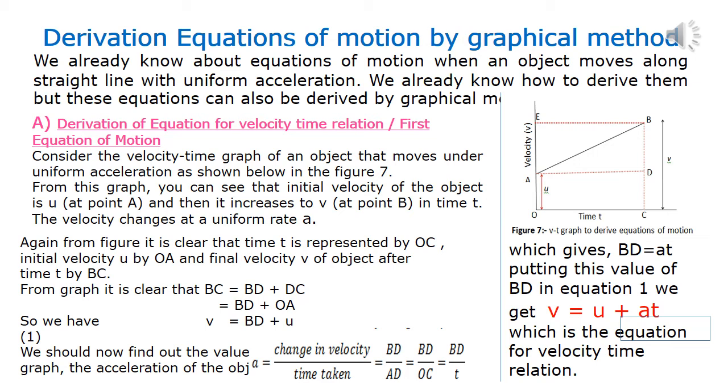So a is equal to BD by t, where t is the time taken, and instead of BD we write at. Putting this value of BD in the equation, we get v is equal to u plus at.